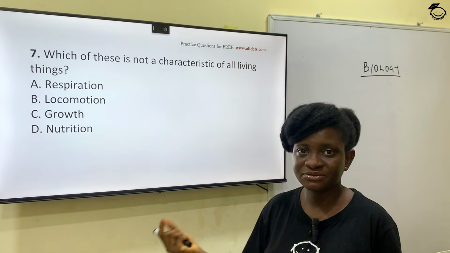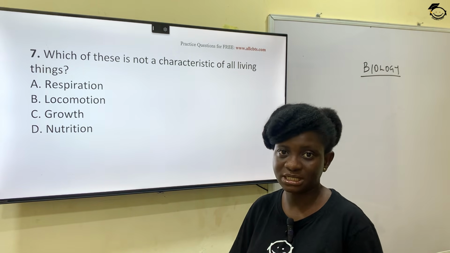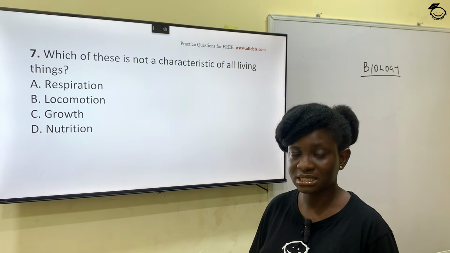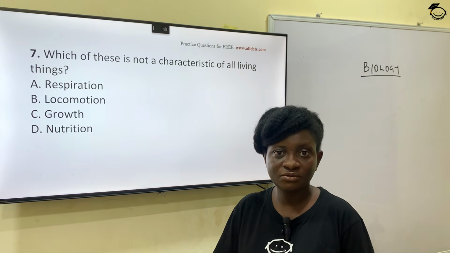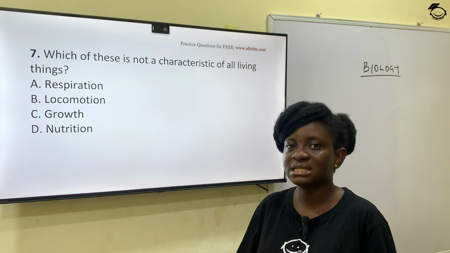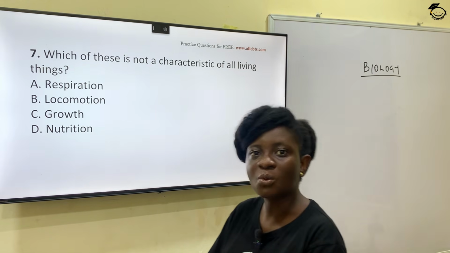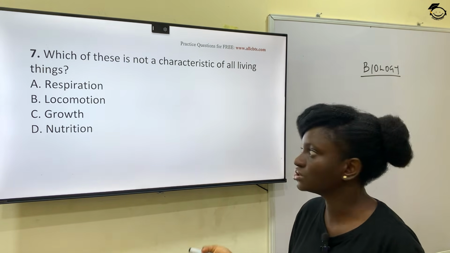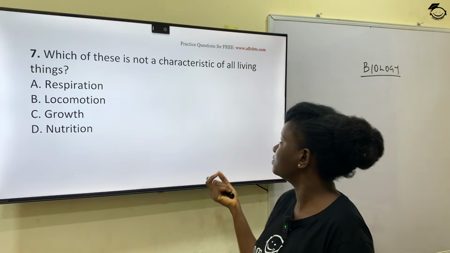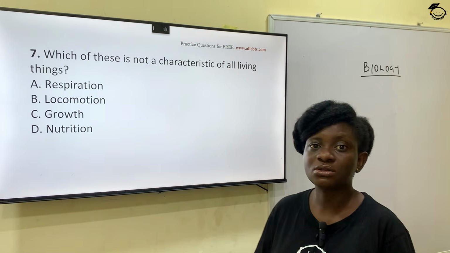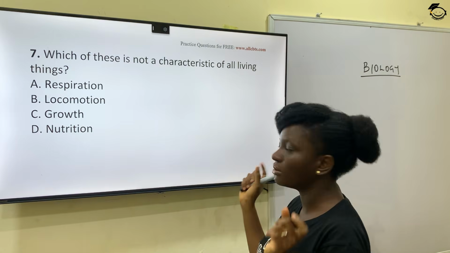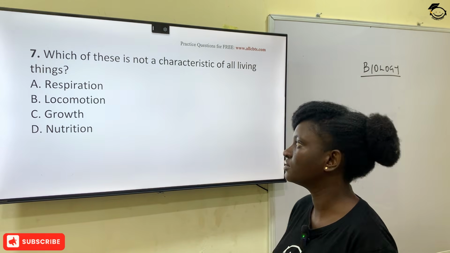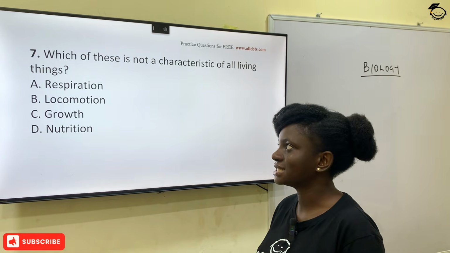Not every living thing moves all their body. For example, plants can move and grow, but they're not moving and walking. So locomotion is the correct answer. Locomotion is not a characteristic of all living things, plants inclusive. So B is the correct answer.